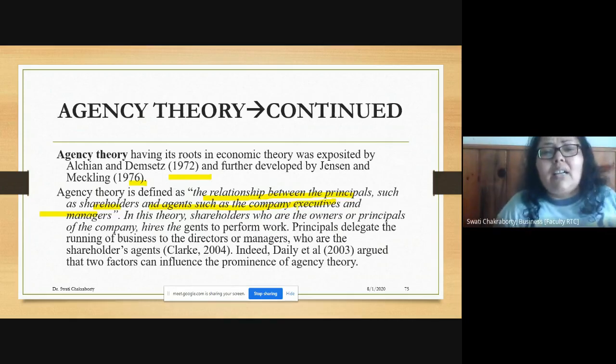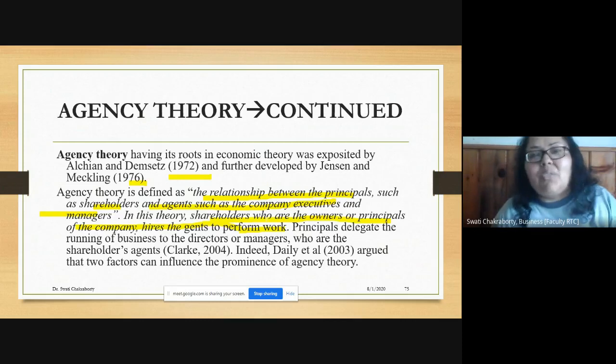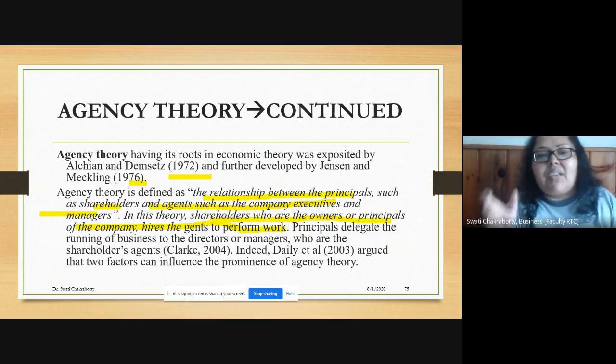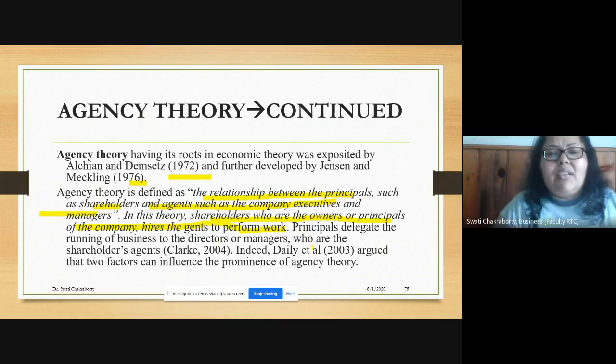That's why it's the shareholders who are the owners or the principals, and they are giving the money for the executives and the managers to work. So the managers and executives are the agents, right? This is what agency theory talks about: the relationship between the principals and the agents.